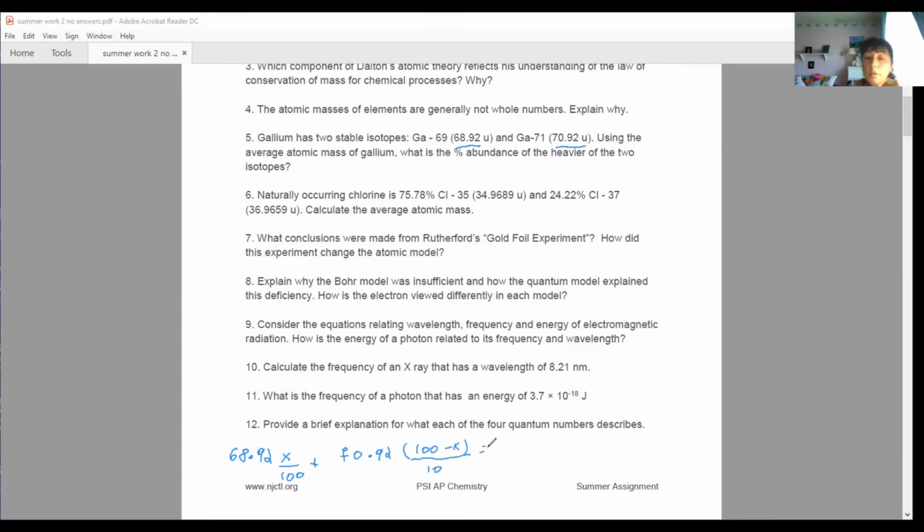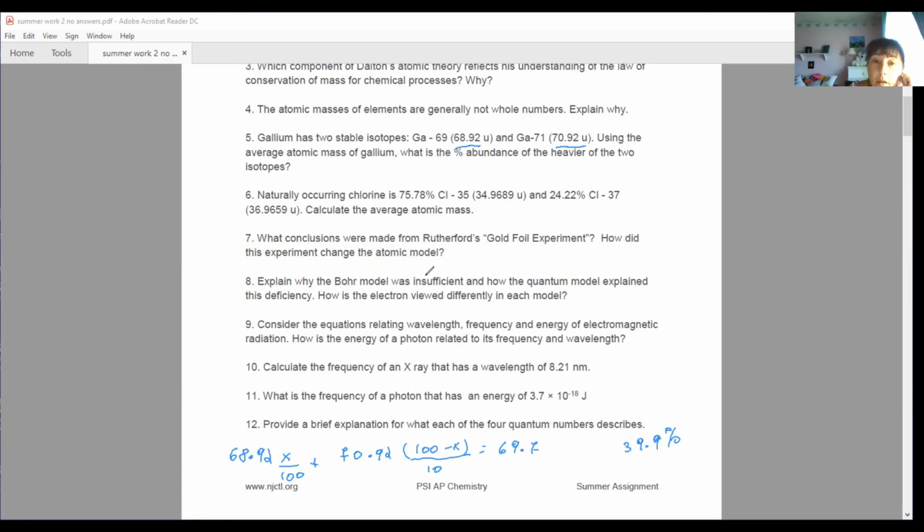And this is equal to your mass in the periodic table, which is 69.7. Okay, from here you solve, and when you calculate your X, when you do 100 minus X, this is basically the abundance of the heavier one, which should be 39.9, 40%, whatever. Okay.